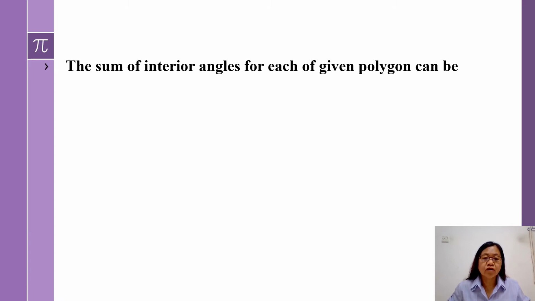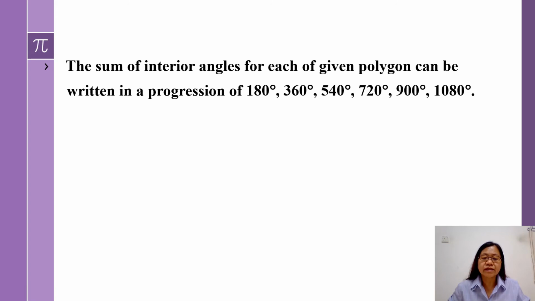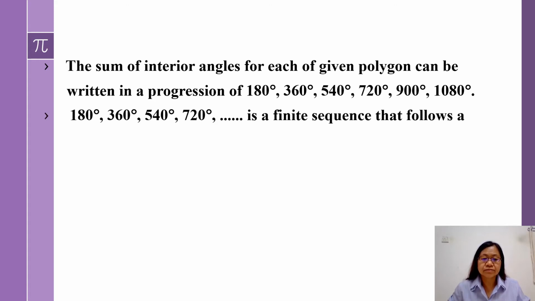The sum of interior angles for each of the given polygons can be written in the progression of 180 degrees, 360 degrees, 540 degrees, 720 degrees, 900 degrees, and 1080 degrees.